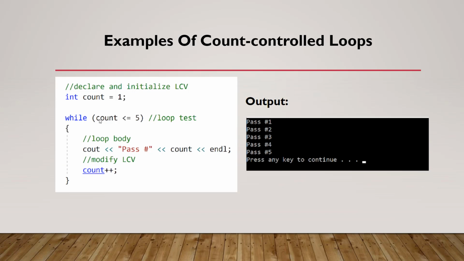We go to the top, 3 is less than or equal to 5, that's true, pass number 3, and this becomes 4. Is 4 less than or equal to 5? Still true. Cout pass number 4, modify the LCV again, it becomes 5. Back to the top, is 5 less than or equal to 5? Yes. Cout pass number 5, count plus plus, so count becomes 6.